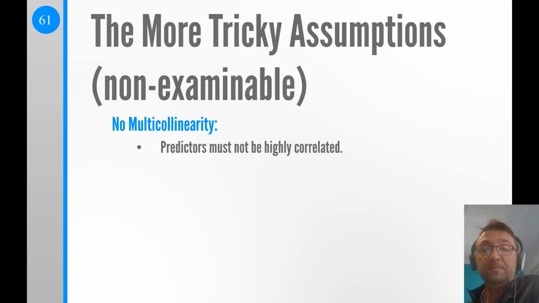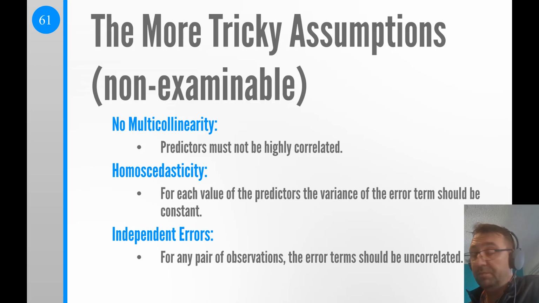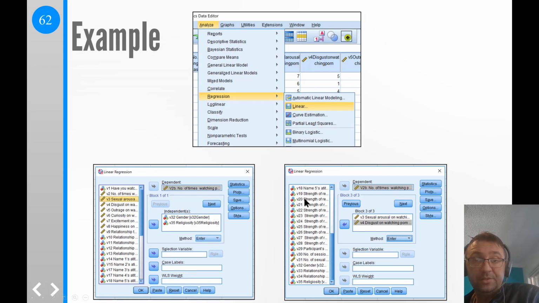But there are more tricky assumptions, which I'm not going to go into, around the fact that your predictors need to not be highly correlated. The error terms should be constant across different values of the predictors, and the errors shouldn't be correlated across pairs of observations. And also there should be normally distributed errors.